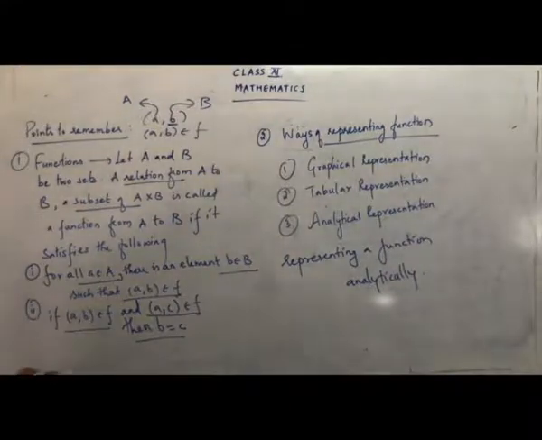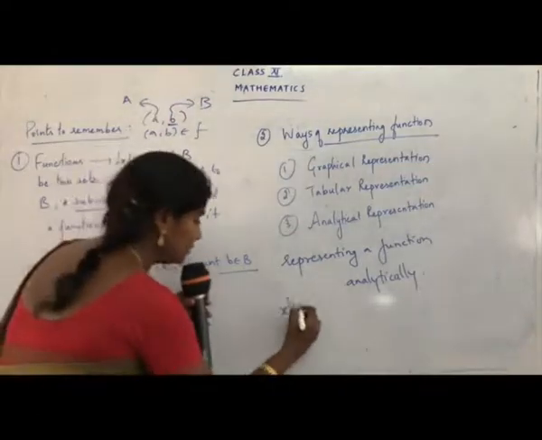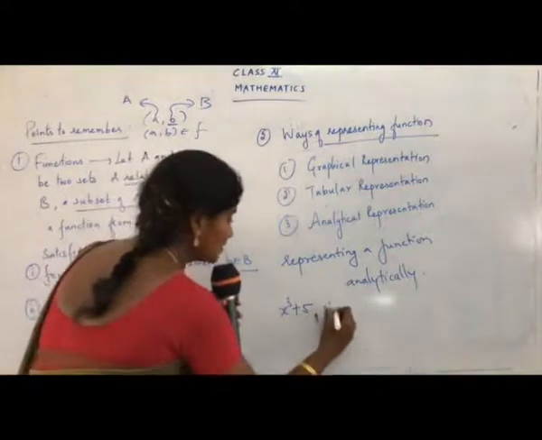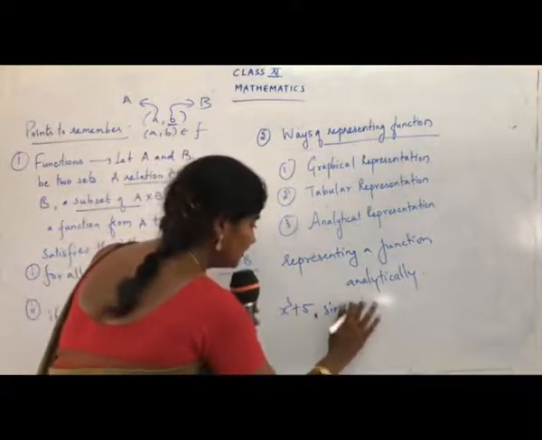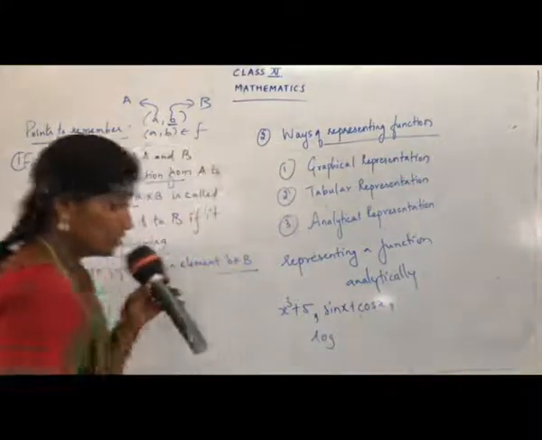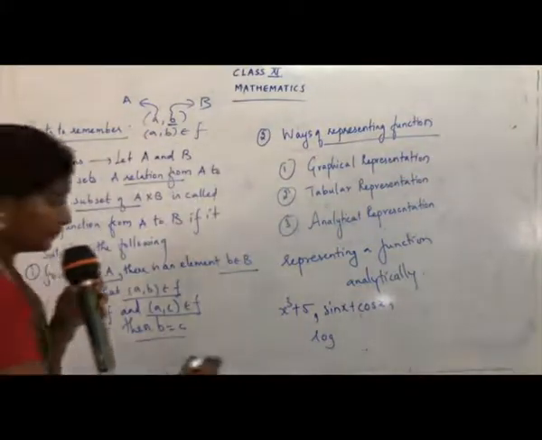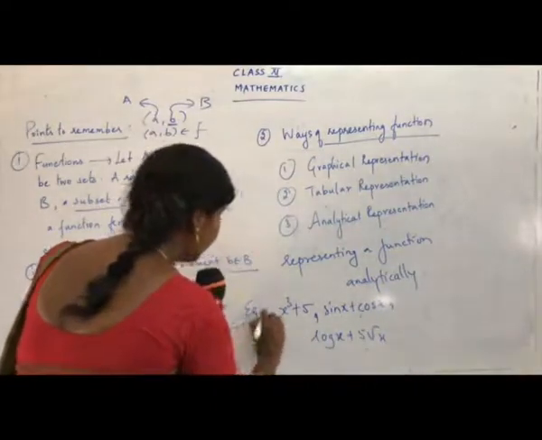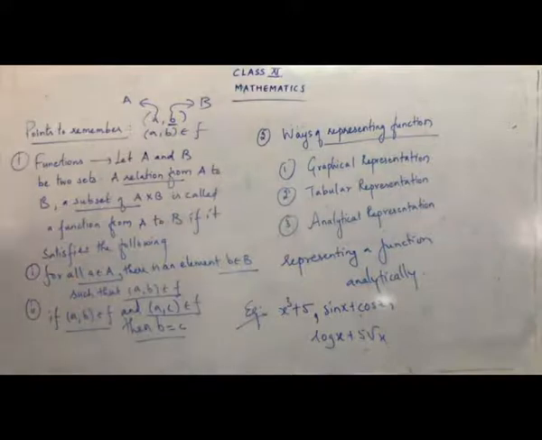You have the example x cube plus 5, and you may have some functions which involve trigonometric values, and some functions which include log values. So these are all examples of analytical representation.